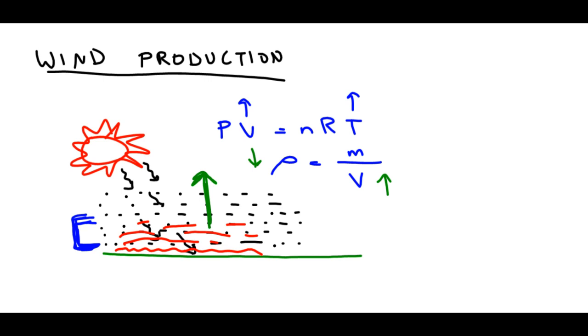And when it rises, something has to fill its place. Something has to fill that space. Now, some of what fills the space is the air up here, which goes down. But there's something else that fills the space, especially on coasts. Sometimes air from the side can come in and fill that space, particularly when you consider the fact that not all of the air on the Earth is getting heated by the sun.